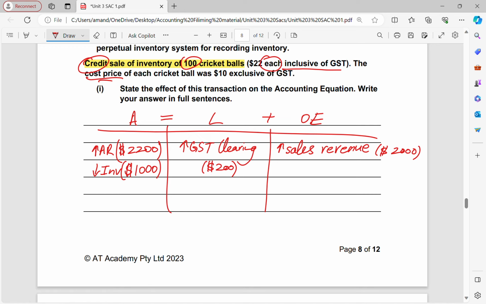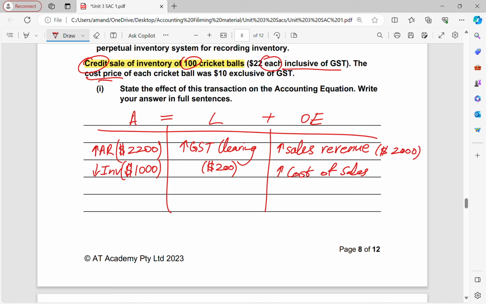$2,000, because it's just the selling price, but when you take out the GST, which is 20, times 100, that is 2,000. And then the cost of sales, here's the tricky part, right? Cost of sales is an expense, and sales is revenue.